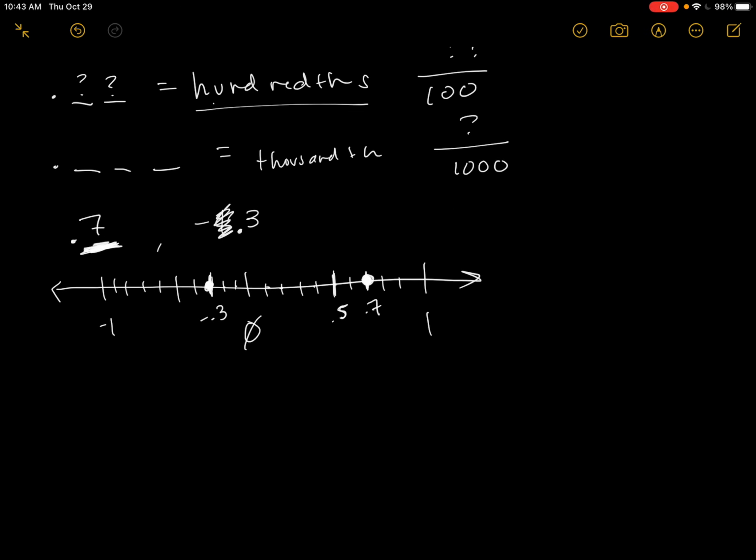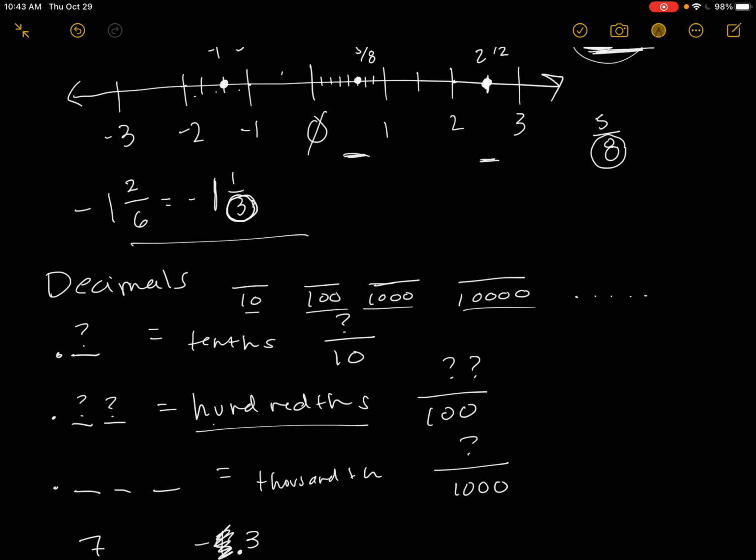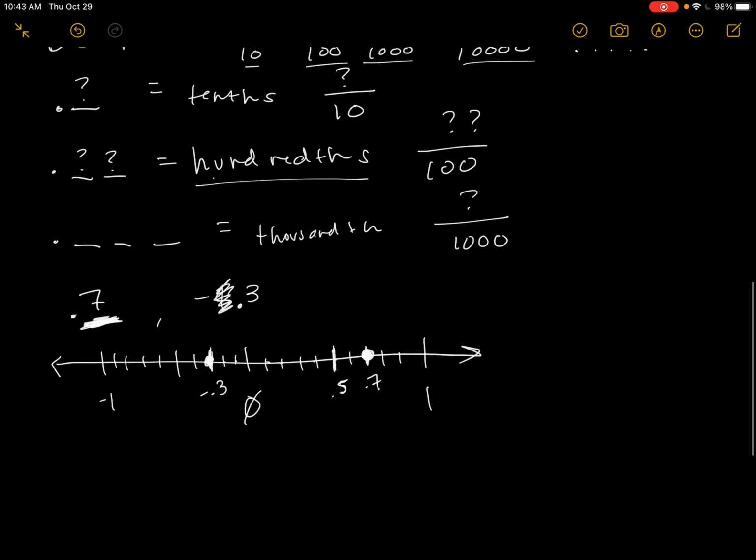Hopefully that's not too much different than what we did with fractions before. It's really just still fractions, but you're always splitting your number into 10 parts, or maybe 100 or 1,000. But again, I'm not going to make you do that because splitting a number into 100 parts would take forever.